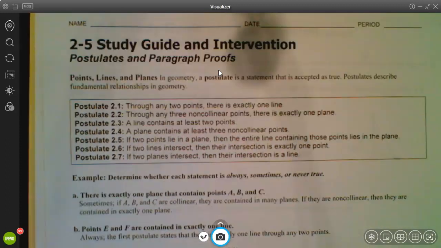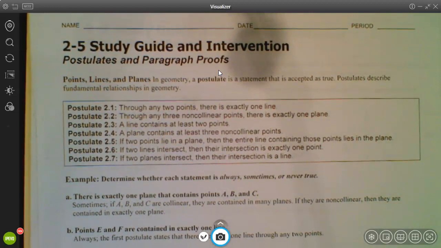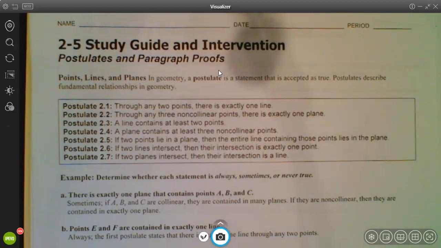And so our goal is to take the steps where we start with the given information, and then we use some geometry reasons like these to then prove whatever it is they're wanting us to prove. This section and the next section both start with some simpler ways of doing that, so that when we get to our two-column proofs, which is ultimately where we're headed, we're able to get through those a little easier and understand them a little better.